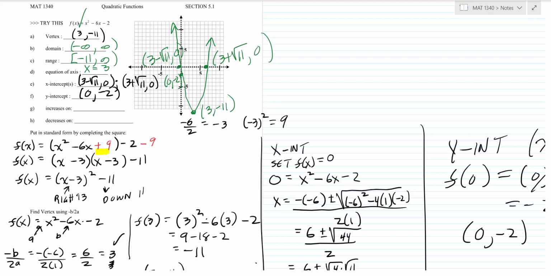And then increasing would be from 3 to infinity, and decreasing would be negative infinity to 3 like that, okay? So again, what you're looking for in increasing and decreasing is the x value. And then you can draw your axis of symmetry through that if you want to.